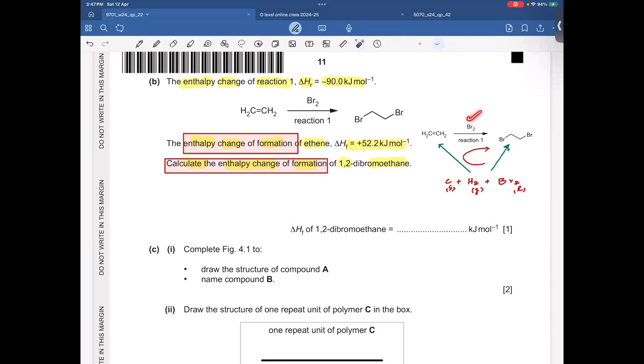Now this value and this value become positive, this value becomes negative, and the sum is going to be equal to 0 so that we can arrange the values. The formation of ethene is going to be plus 52.2.